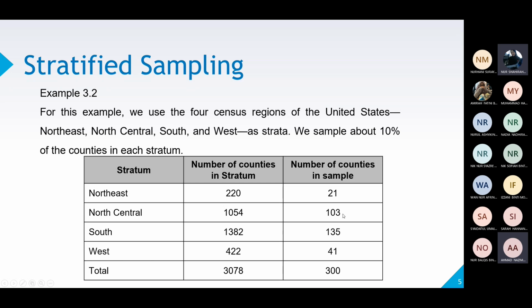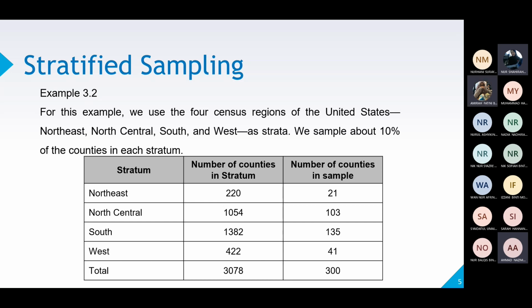For the North Central, 103 out of 1,054, South 135 out of 1,382, and for the West, 41 samples are randomly selected out of 422 counties.